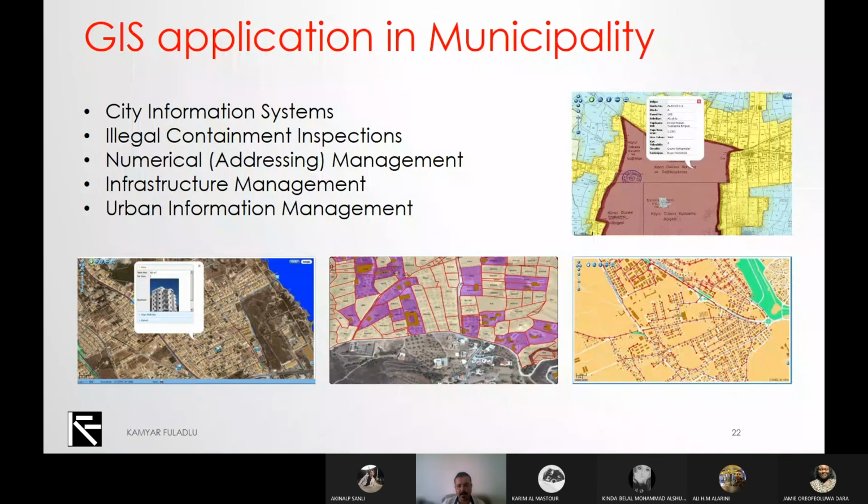However, in other countries like North America, this totally works in a managed way. For instance, they just say the street number and a flat number. With two numbers, they are able to guide people to the destination, which is missing here. Again, urban information management.